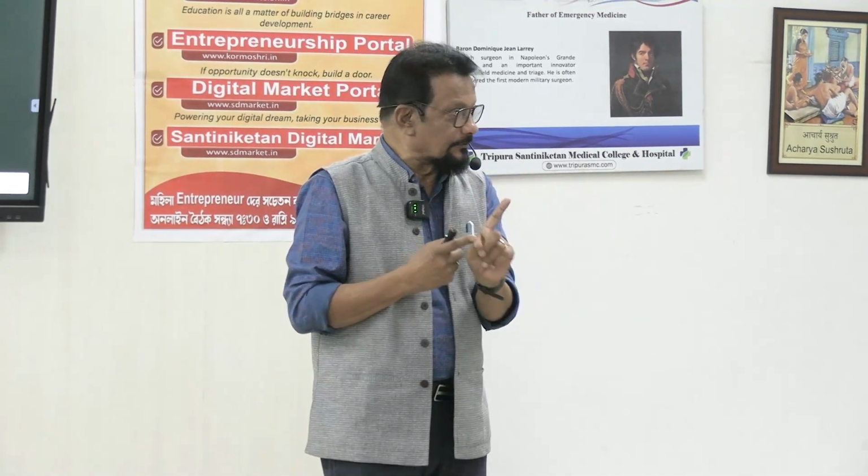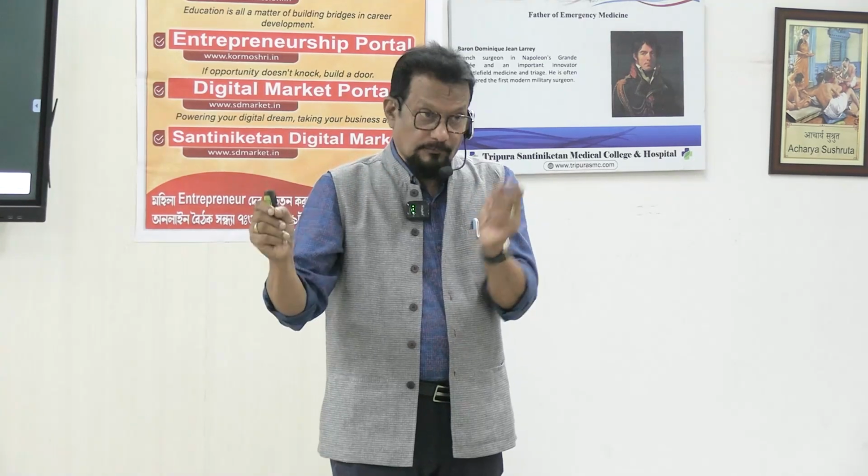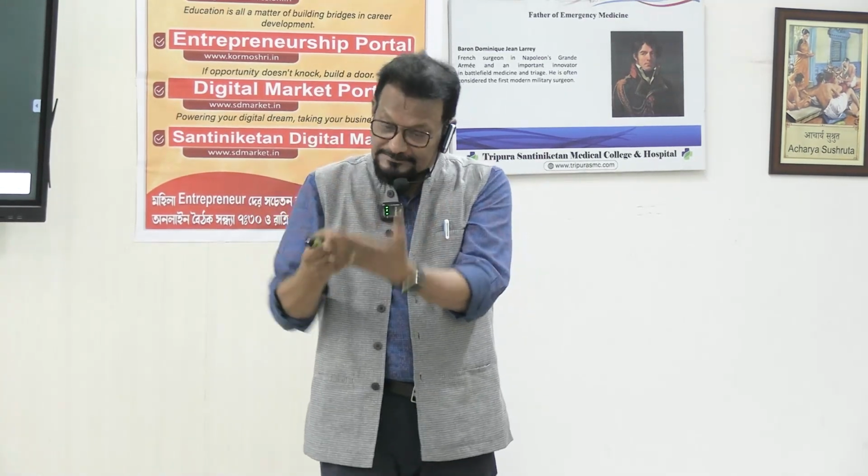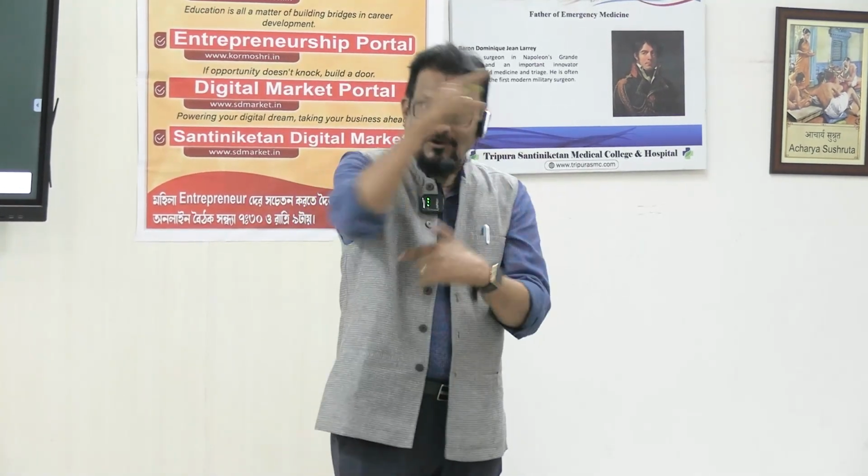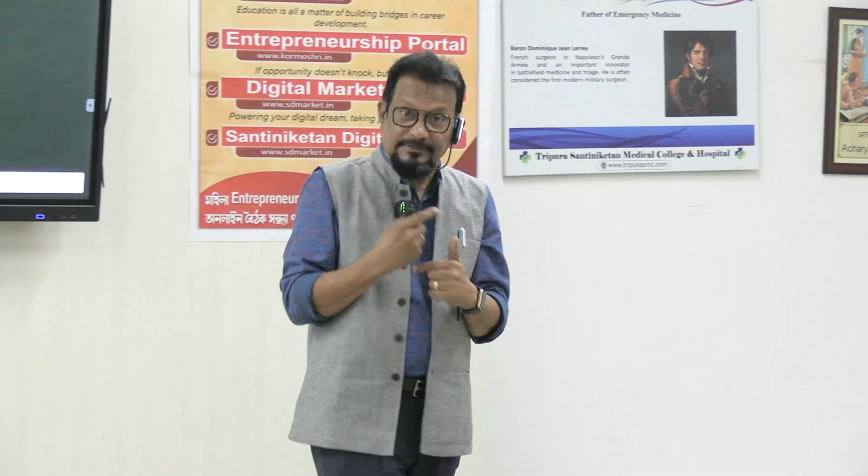But this pepsinogen is inactive, so it must be activated. Who will activate it? Initially, hydrochloric acid. Once pepsin is formed from pepsinogen, this pepsin will convert other pepsinogen into pepsin. So this is a cyclical process of activation.